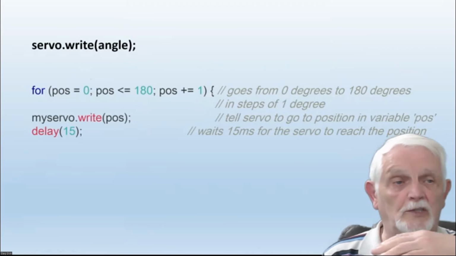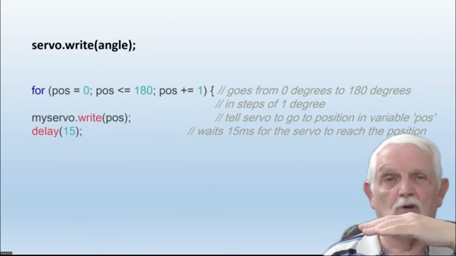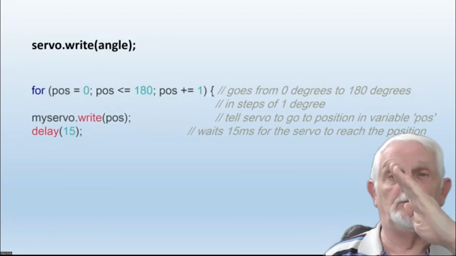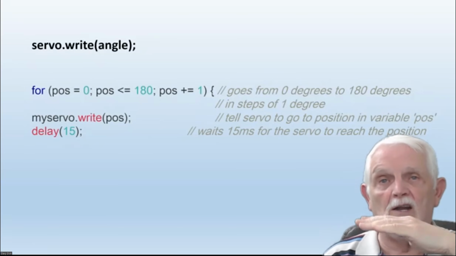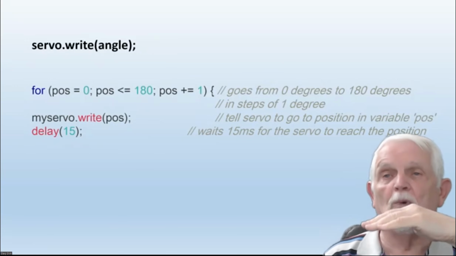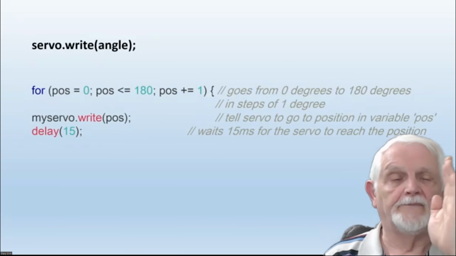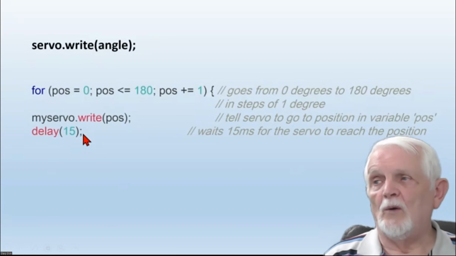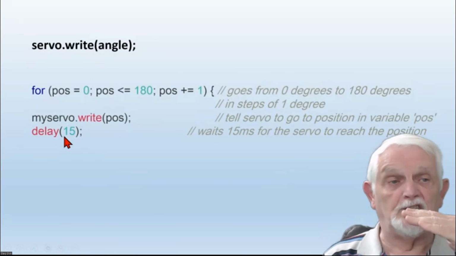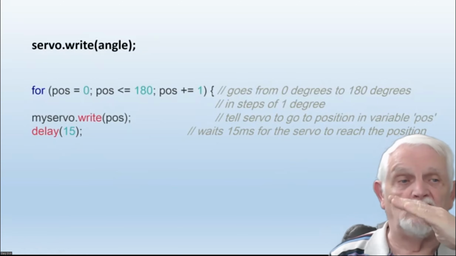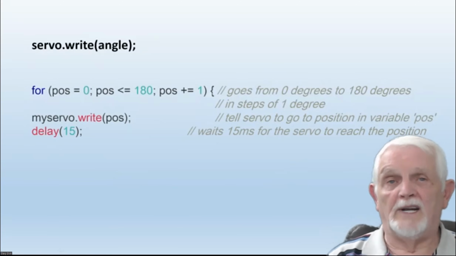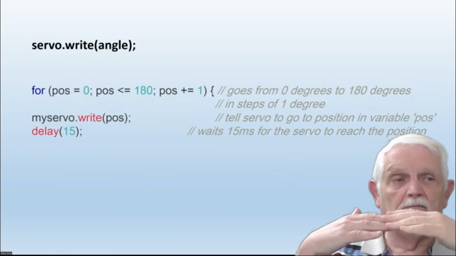If I want to move slowly between one and the other, I've got to say, move it to 0, move it to 1, move it to 2, move it to 3, move it to 4, move it to 5, and make 180 steps to get from one position to the other. And if I want to vary the speed, I then have to say what delay in between each step. The bigger the delay, the slower it'll take to move. But it can't have any sequencing.